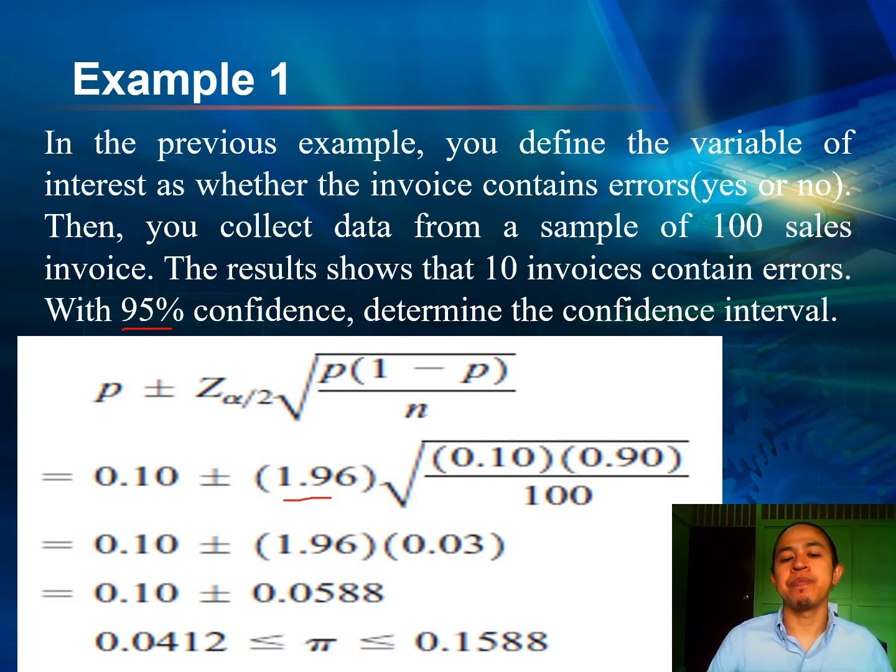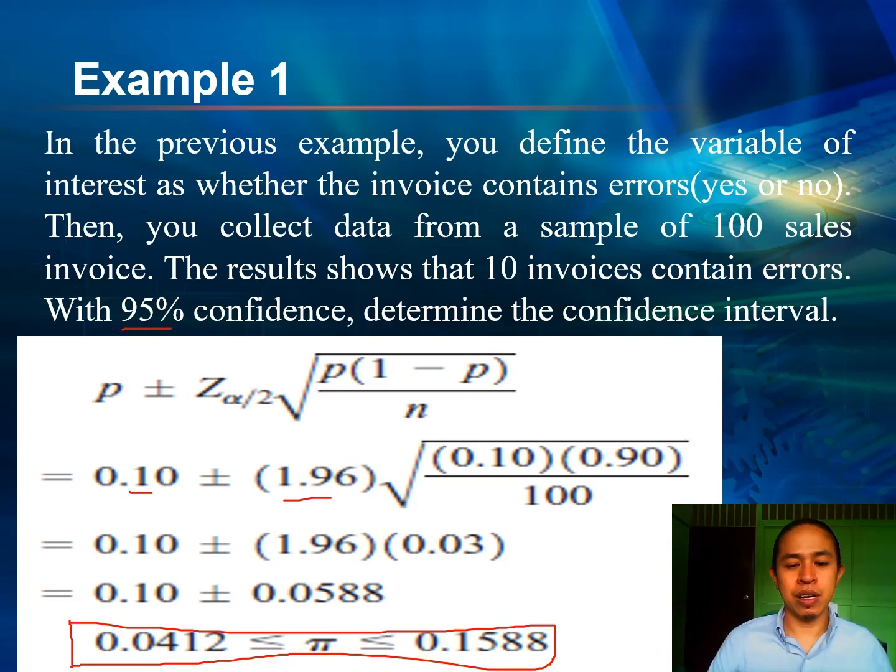Then we substitute the given. So P is 0.10, times 1 minus 0.10, that is 0.9, divided by n, 100. After the calculation, we have our confidence interval estimate.